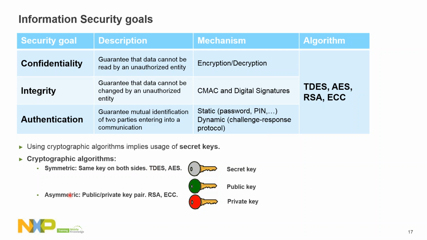Okay, another category of cryptographic algorithms is asymmetric cryptography. In asymmetric cryptography, a key pair called public and private key is used to secure the data exchange. So one entity is in possession of the secret key and other entities are in possession of the public key. This can be distributed. Popular and widely used asymmetric algorithms are, again, RSA and ECC.